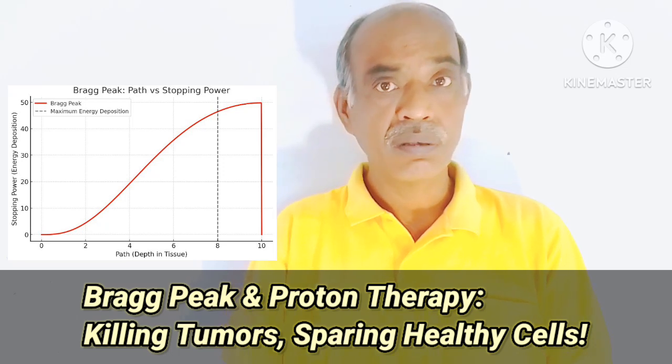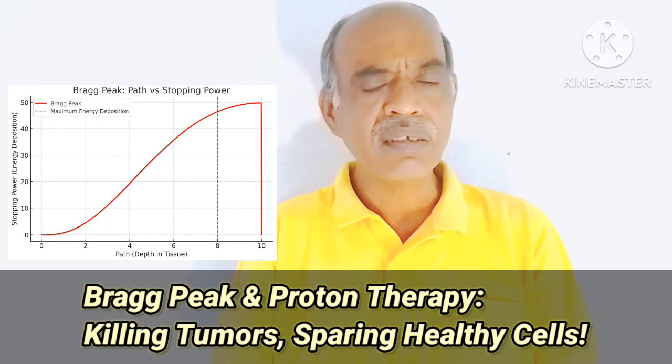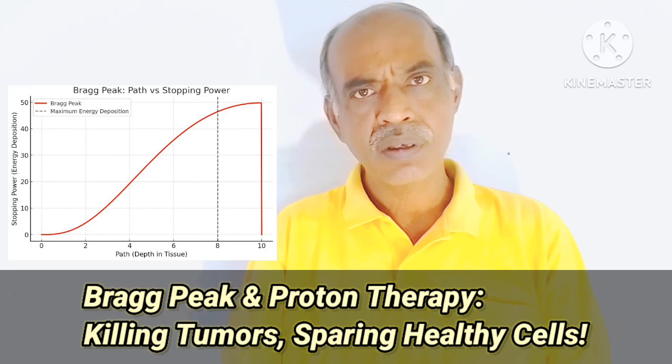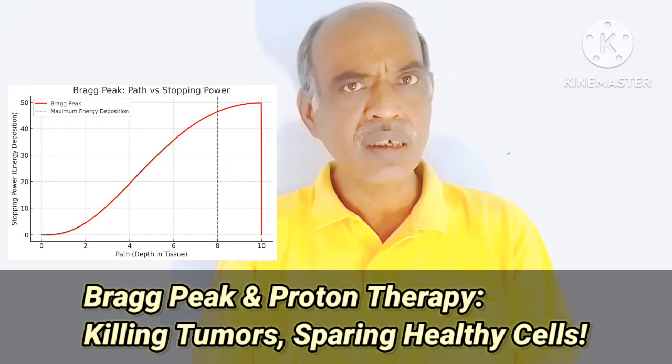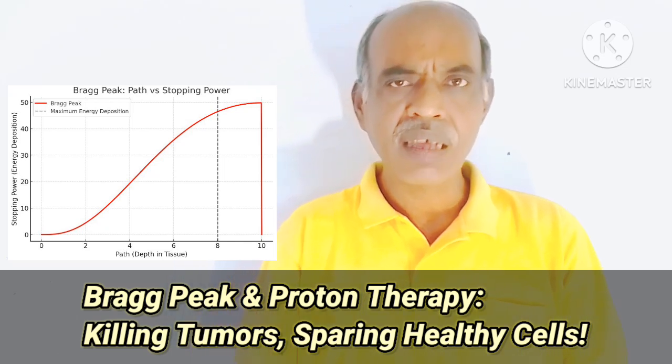If you can arrange everything that way, then only in that case will healthy tissues be spared. There will be a very small amount of damage to the healthy tissues. And the target was what? The target was tumors, cancerous cells.